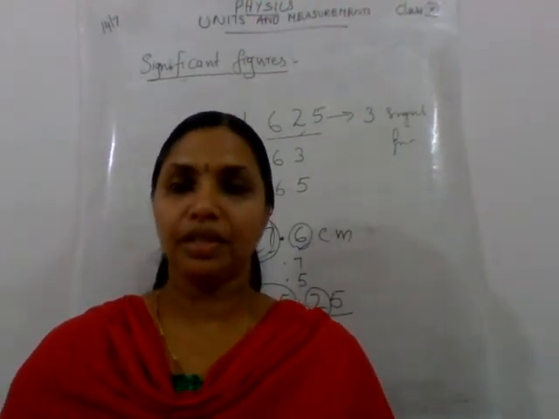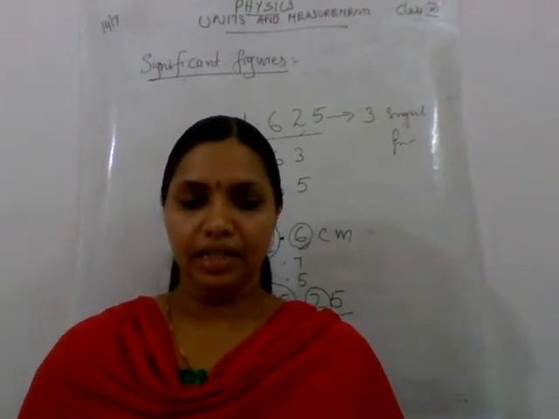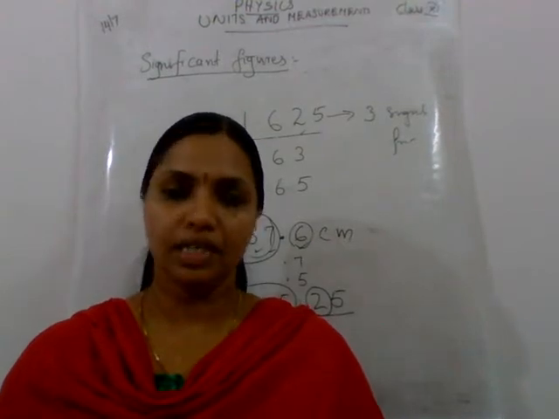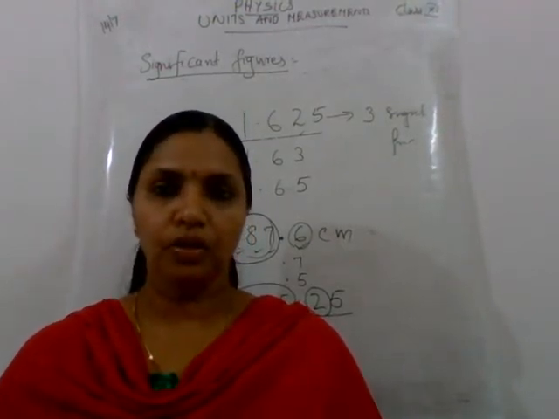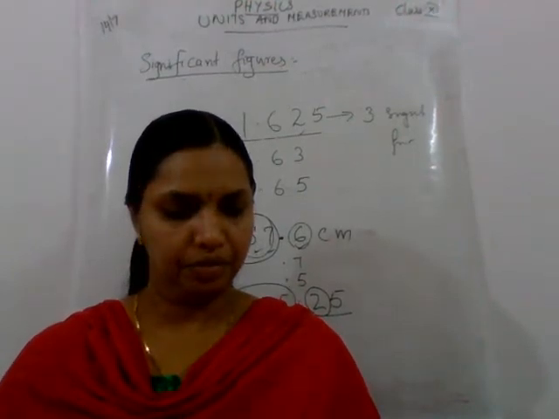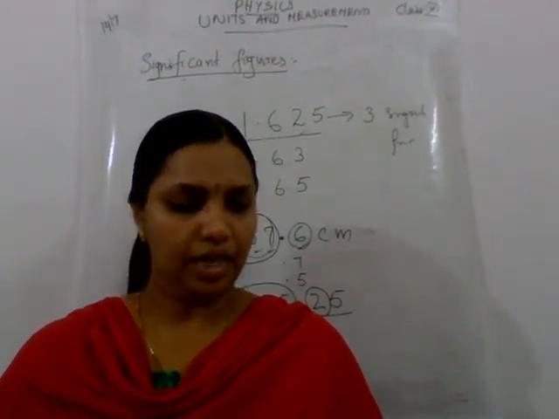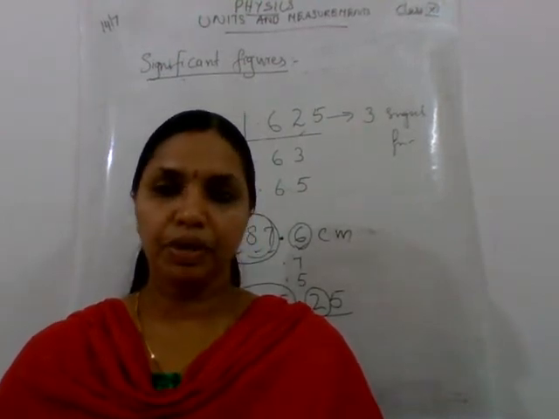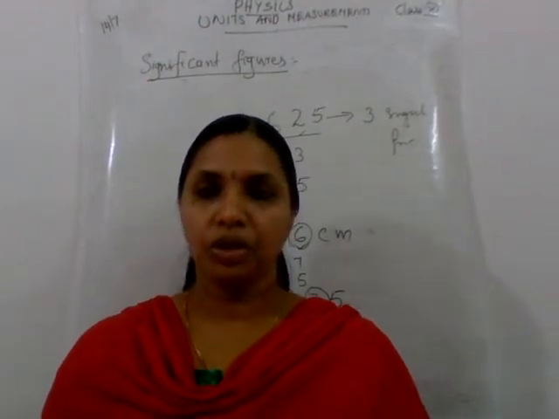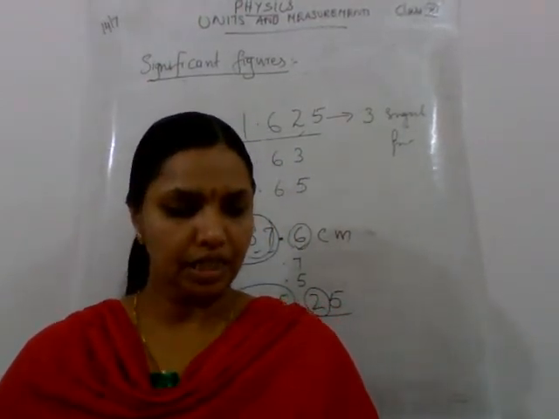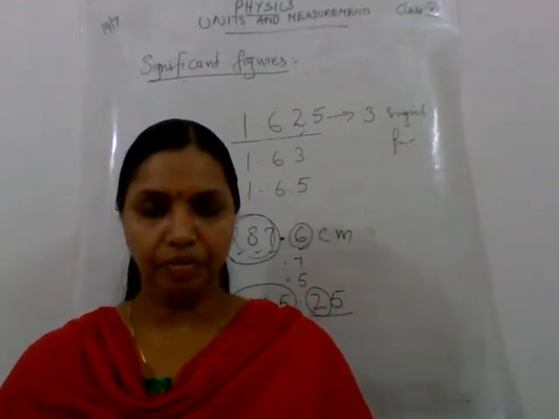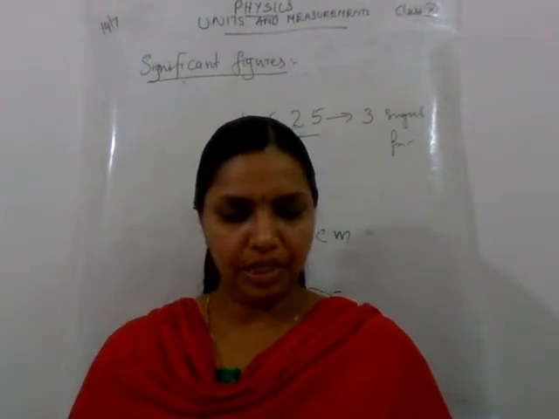First you write down the rules, then with the help of examples we can discuss that. First one, all non-zero digits are significant. Second one, all zeros between two non-zero digits are significant.